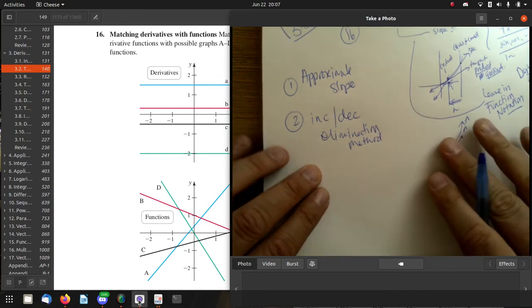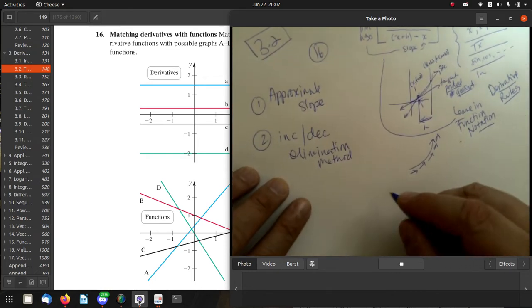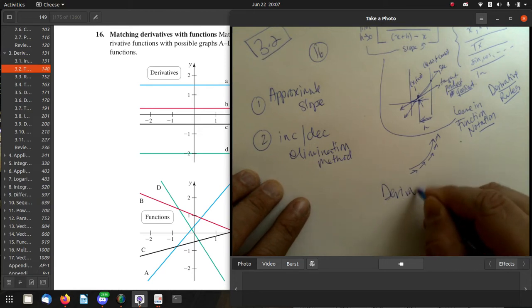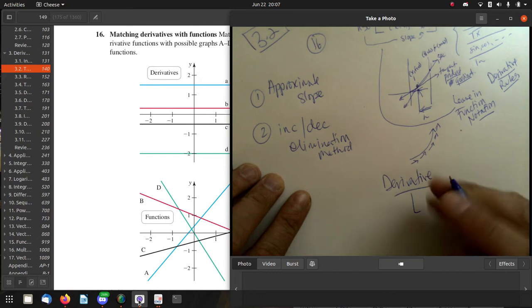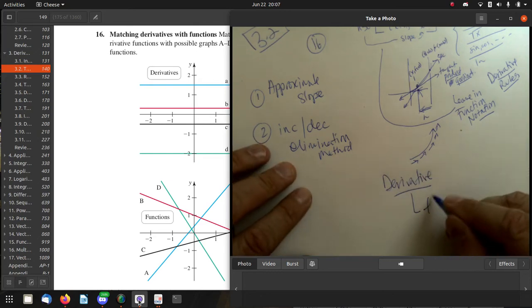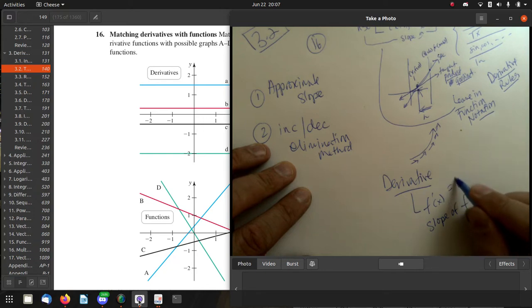So, first of all, you have to remind yourselves, what is a derivative? What does a derivative mean? Remember, derivative means either the function f prime of x, or what f prime of x represents, which is the slope of f of x. So you're going to develop a new function.